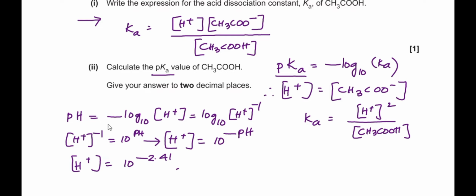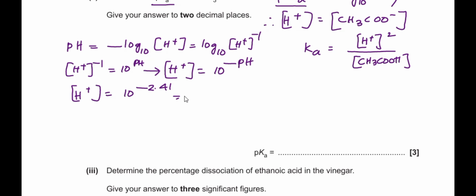Okay. You don't need to remember all these steps. I just explained how pH gets converted into hydrogen ion concentration mathematically. Putting into the calculator, we get this value as 3.89 times 10 to the power of minus 3 moles per dm cubed.